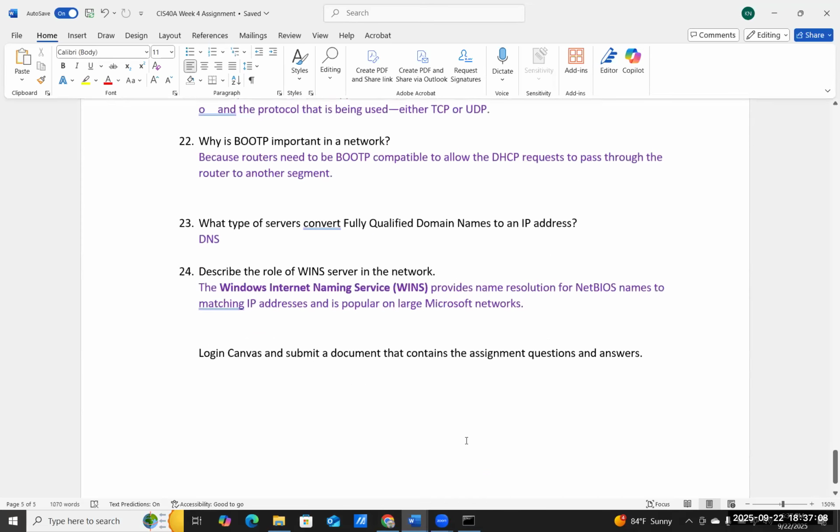Okay, and then lastly, we're going to talk about WINS. When we install DNS, you're going to see this as the last step in the DNS. Before DNS and before using IP addresses, we used to identify systems by name. Windows Internet Naming Service is known as WINS, and it provides name resolution through NetBIOS.